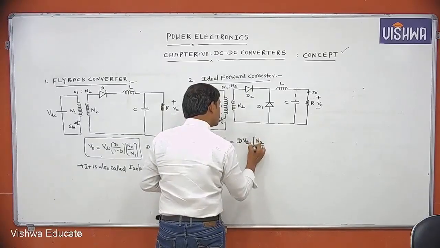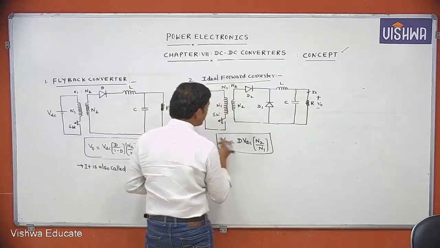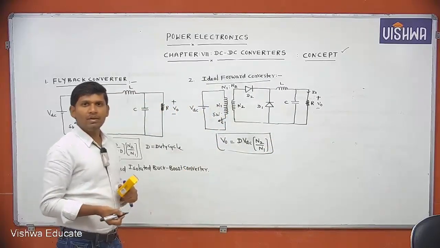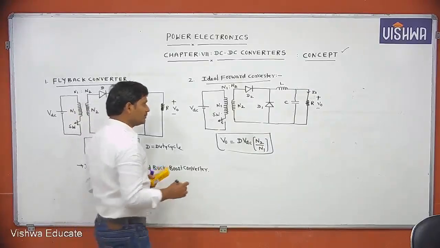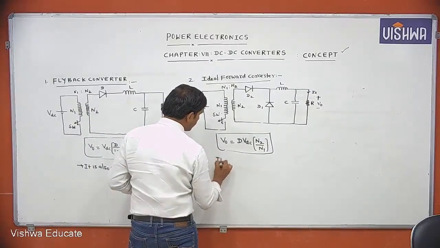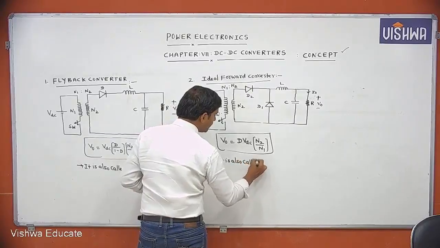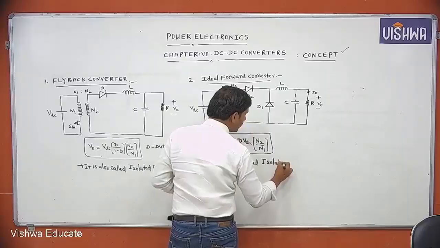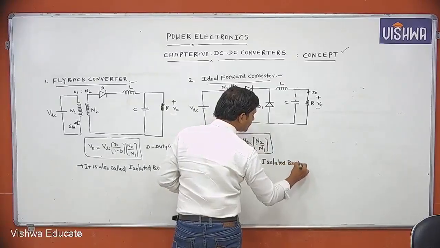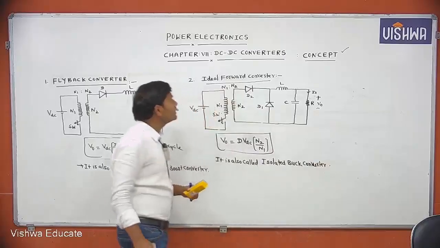Easy to remember. This is a buck converter with a transformer, that is, into N2 by N1. It is also called the isolated buck converter. No need of all these derivations, just remember.